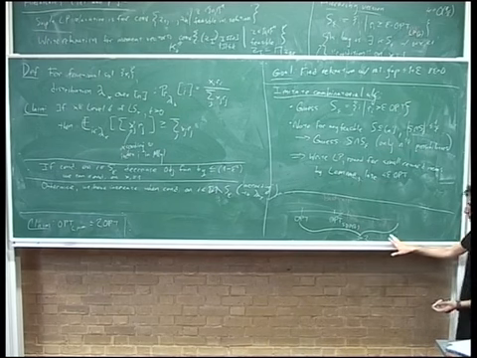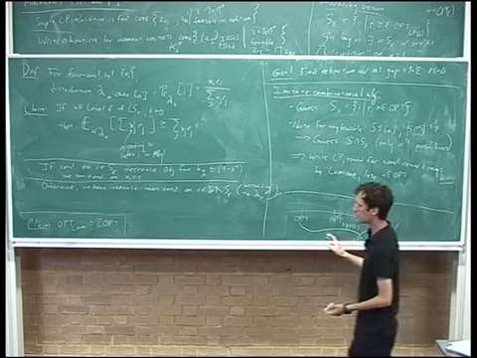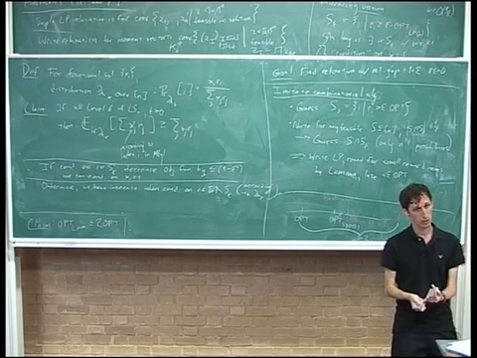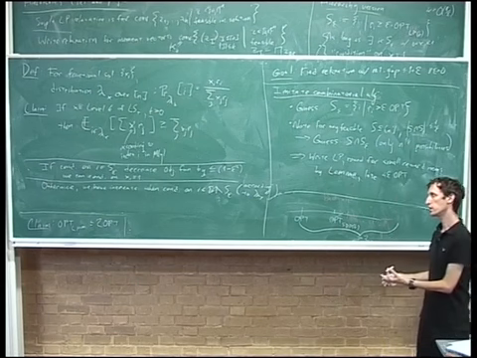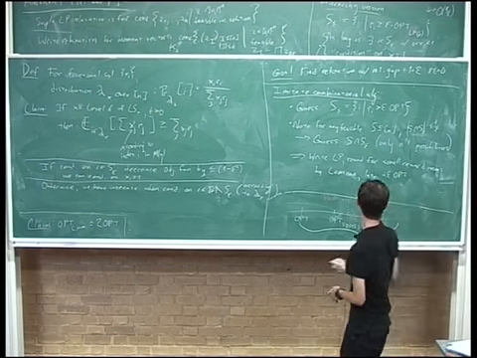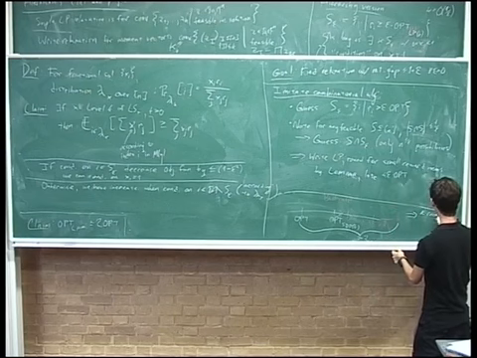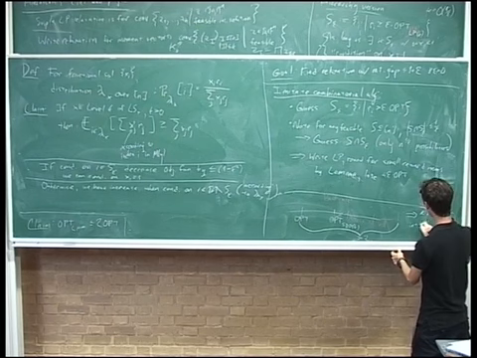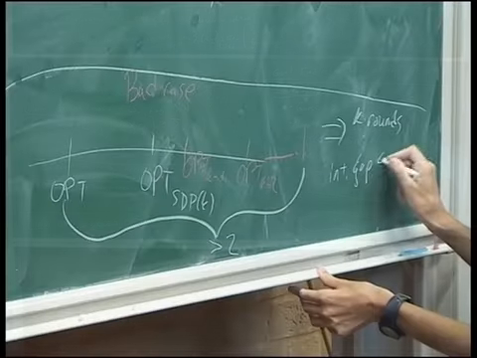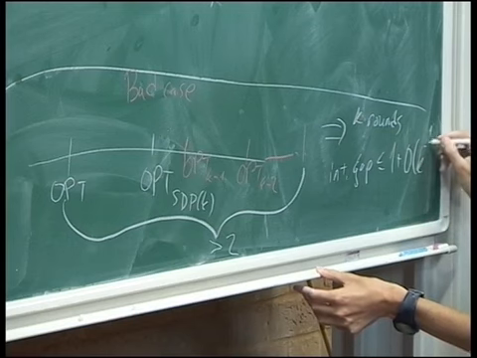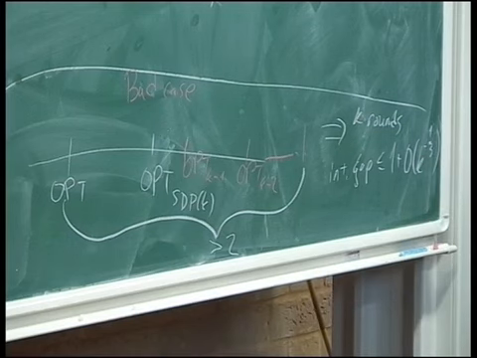So this argument would give you a relationship which basically says if you use k rounds, then your integrality gap is at most 1 plus order k to the minus 1/3.